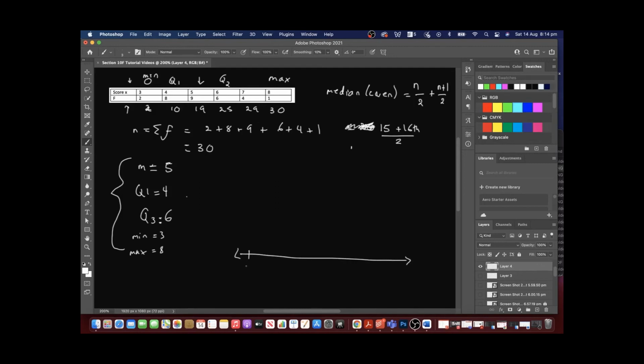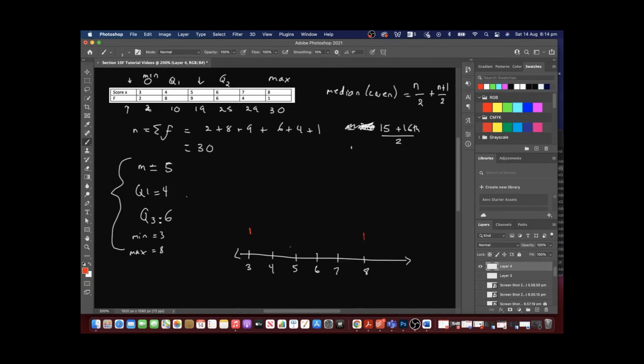So let's start at 3, and then 4, 5, 6, 7, and 8. So for our first one, let's do this in red. Start out by drawing our whiskers. So our first whisker is at 3 for our minimum value. Our maximum value is going to be at 8, so that's our second whisker.